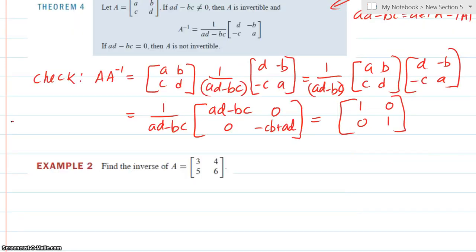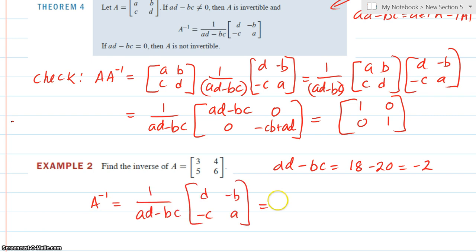So to see an example of this, what I'm going to first do is look at AD minus BC. That gives me 18 minus 20, which is negative 2. So I'm just going to write down that formula. So the answer is going to be negative 1/2. And the D and the A, notice we just switch.